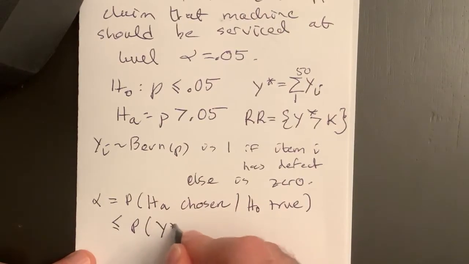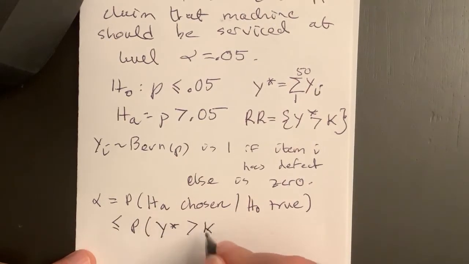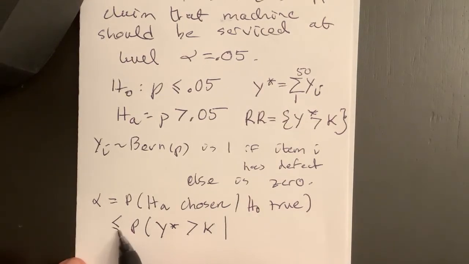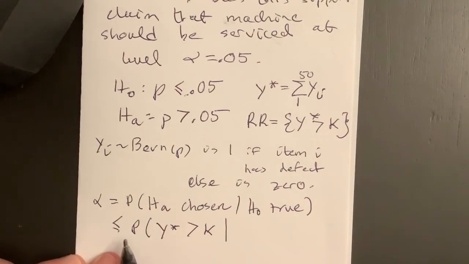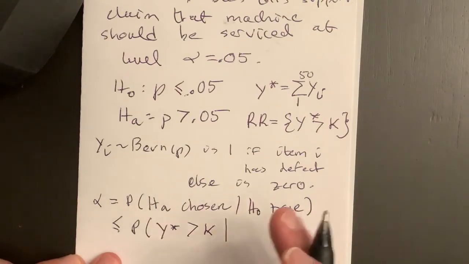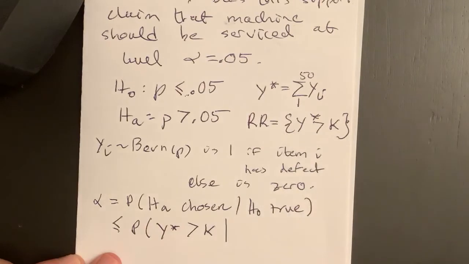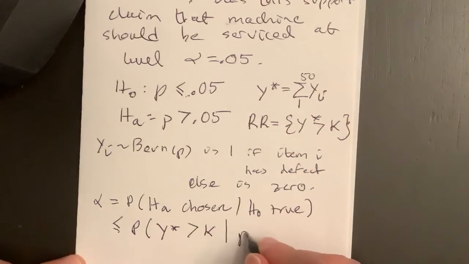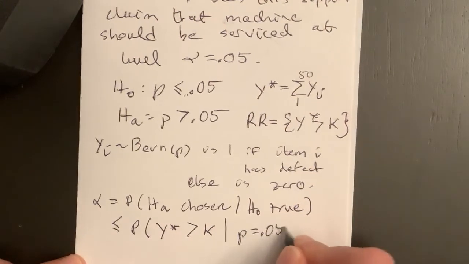HA will be chosen if Y star is greater than k, given H0 is true. The less than or equal has to do with the fact that the highest probability of this error will come when p is exactly 0.05. If p is less, you're going to be less likely to exceed a threshold k. So this is given p equals 0.05.